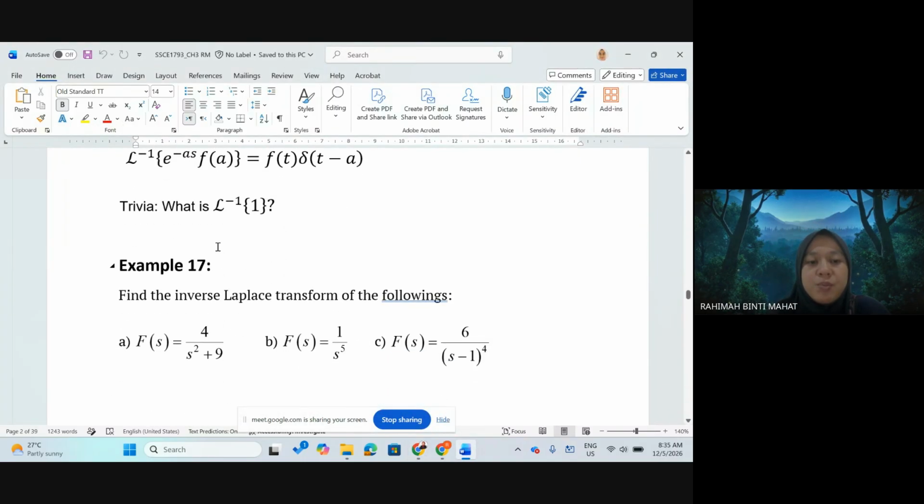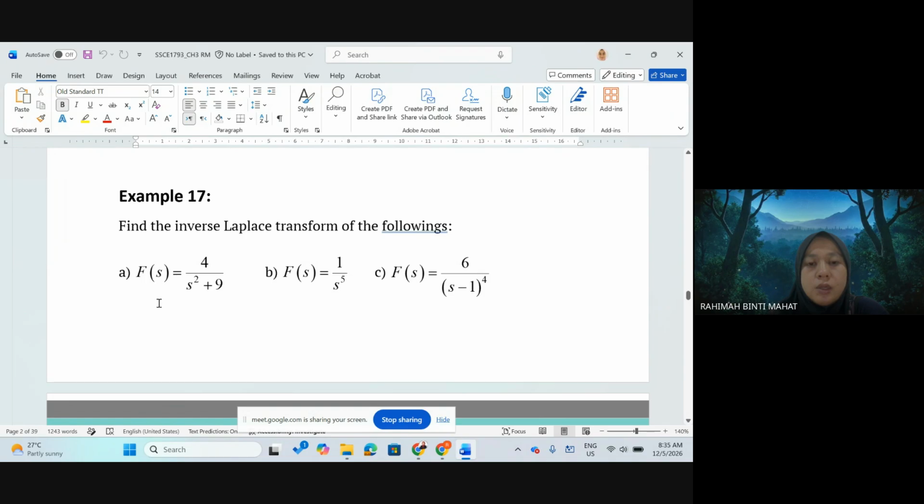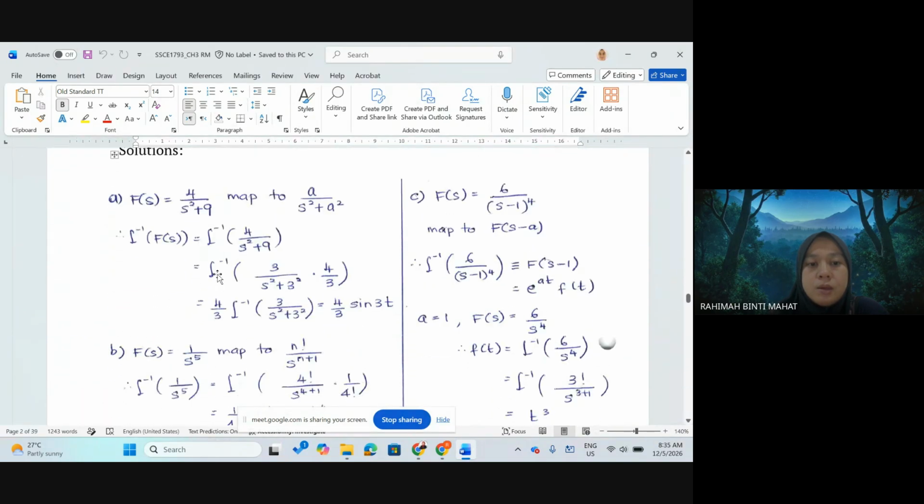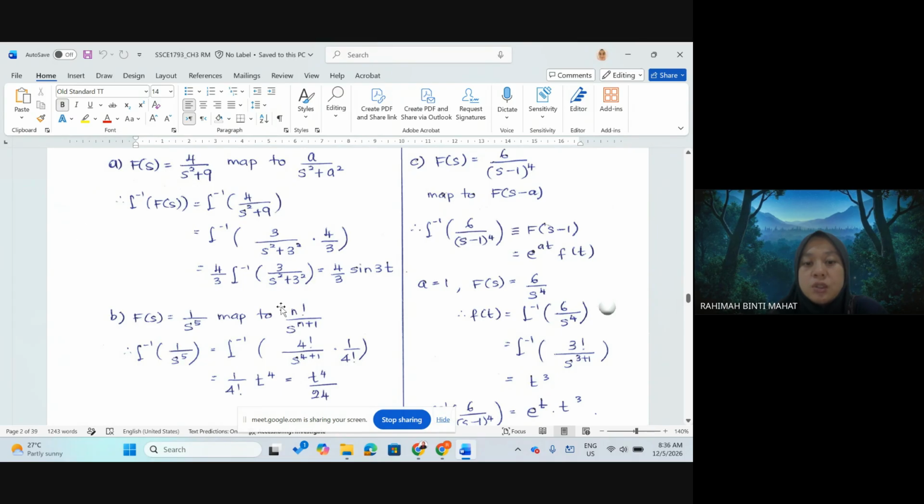From yesterday, for the inverse Laplace, we want to transform. Actually, if you want to transform for this calculation, you need to adjust or modify to get what is in the table, the elementary table or in the formula, so that you can substitute into the formula.